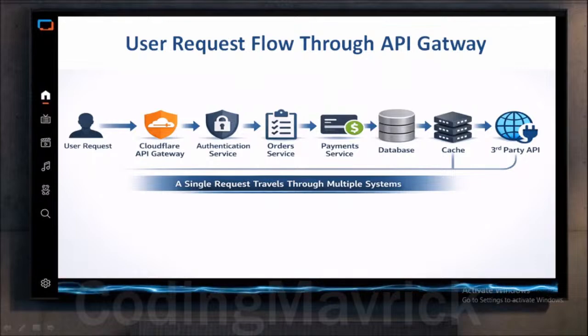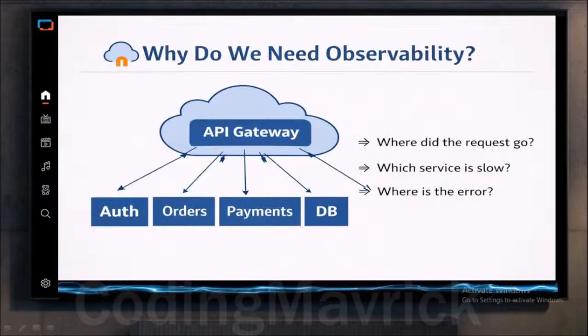Now here is the real problem. When something becomes slow or broken, traditional logs cannot tell us where the request went, which service was slow, where exactly it failed, and how often this is happening. And viewers, this is exactly where observability comes in.